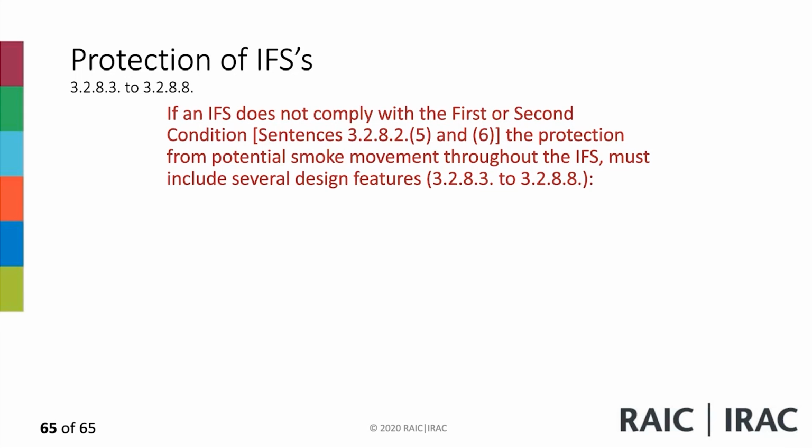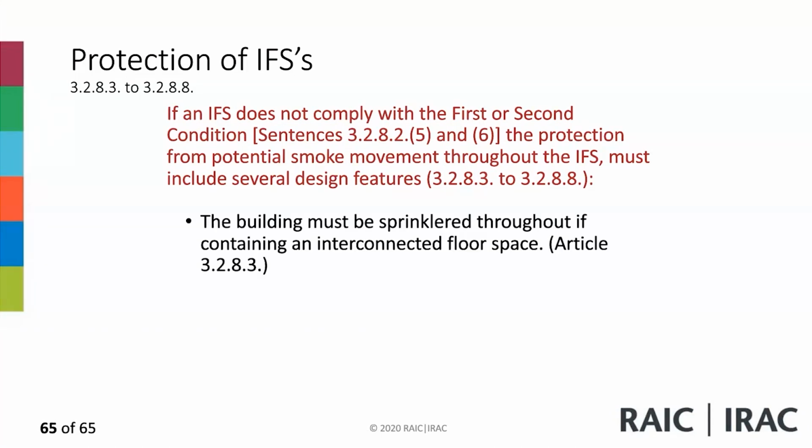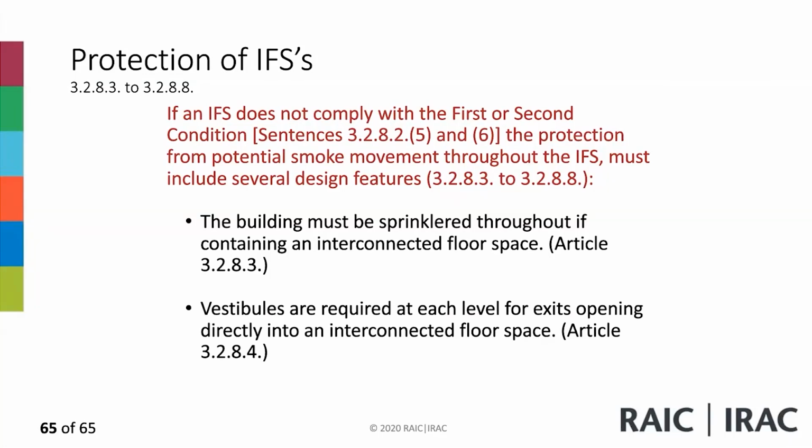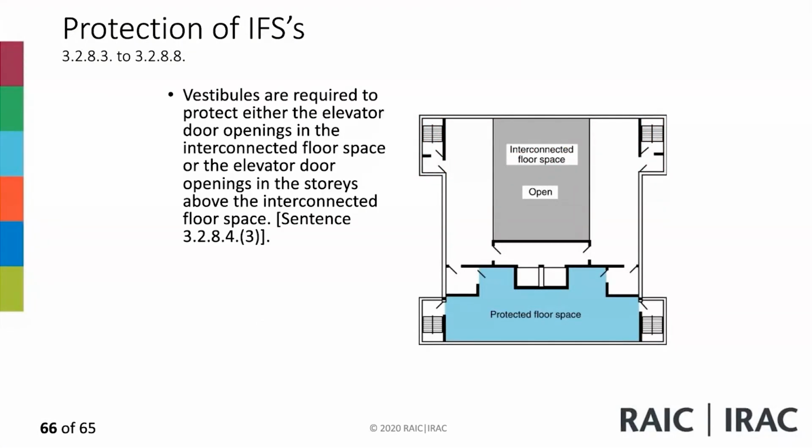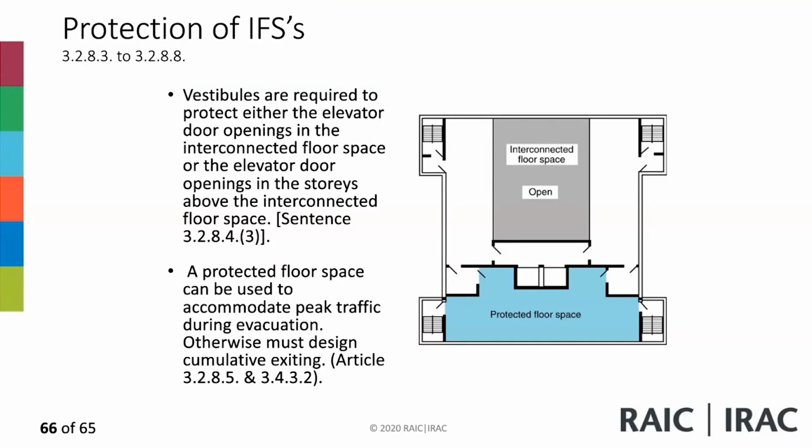Otherwise, if you don't meet any of these exceptions, you have to go to 3.2.8.3 to 3.2.8.8 and look at all the provisions for protecting the interconnected floor space. The building must be sprinkled throughout. The vestibules are required at each level of exits, exit openings directly into interconnected floor space. Vestibules are required.